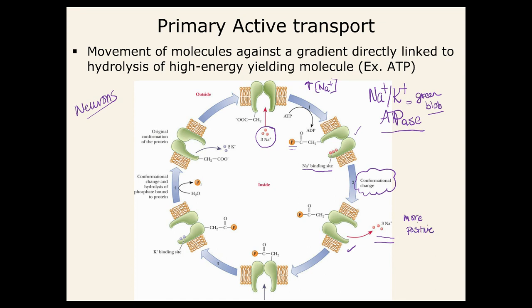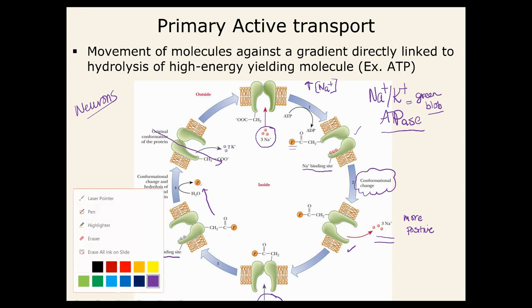And then what's also helping that is the fact that now potassium ions bind to a special binding site for them. And what will happen is that the enzyme dephosphorylates. You see from here to here, phosphate is released. And what that does is it pushes the potassium ion into the cell.